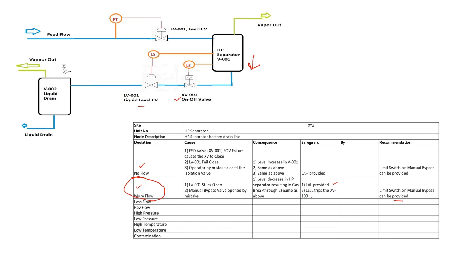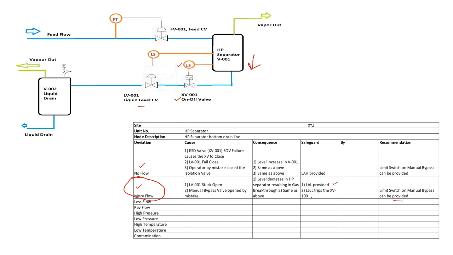From this HAZOP report, we are not sure about the probability of this event occurring, and whether we really need a safety instrumented system, or even if we need one, what should be the availability target for it. For example, in this case, there is a safety instrumented system consisting of an initiator, which is a level switch, a logic solver, which is a PLC, and a final element, the on-off valve.